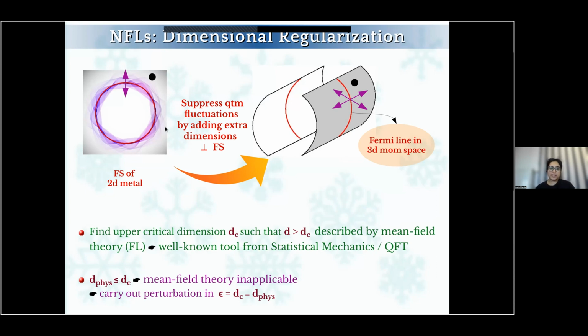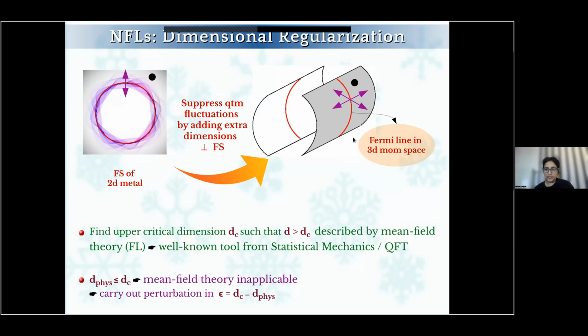Let us start with an isotropic 2D metal, which has a Fermi surface that looks like this red ring. And suppose it is undergoing violent fluctuations. Then the probability of this black dot getting hit by these fluctuations is quite high in 2D. But now mathematically, we can suppress these quantum fluctuations by adding some extra dimensions perpendicular to the Fermi surface. So the second picture shows the same Fermi line, but now embedded in a 3D momentum space.